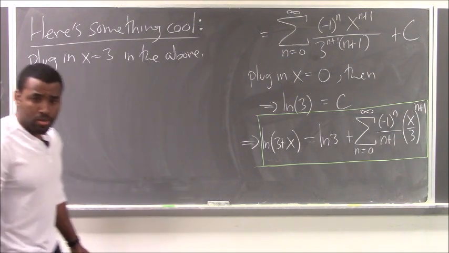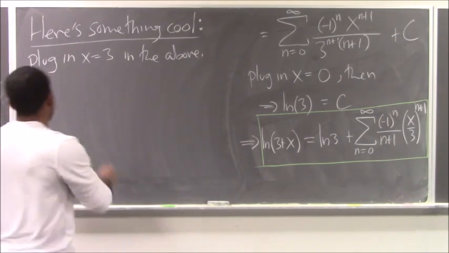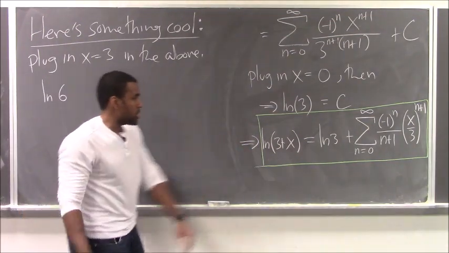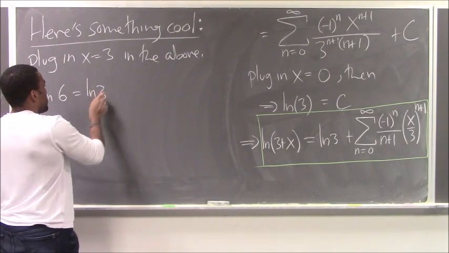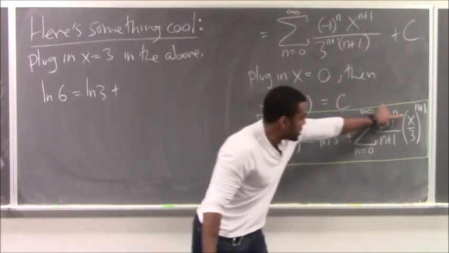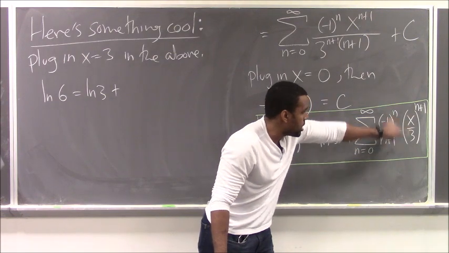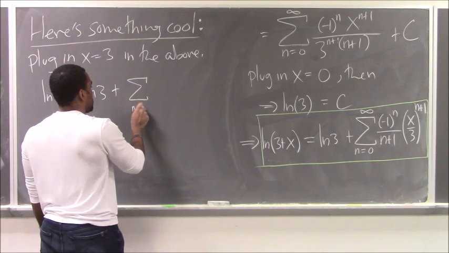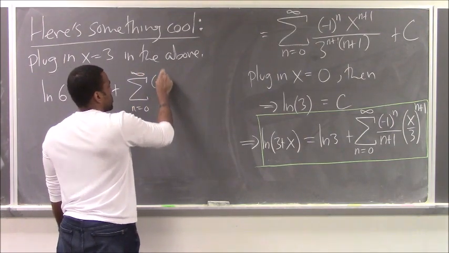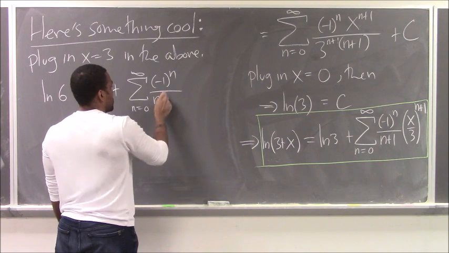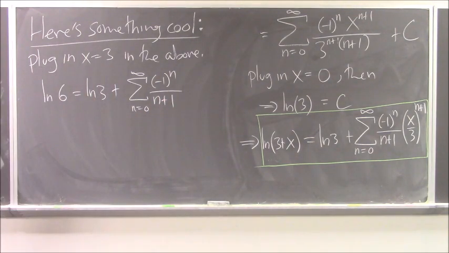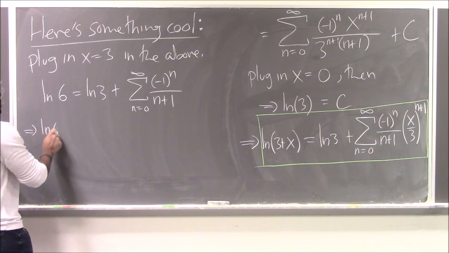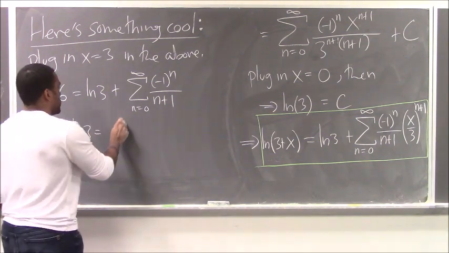I would have ln of 6, because I'm plugging in x equals 3, equals ln of 3 plus, now if I plug in x equals 3 here, that just gives me 1 to the n plus 1, which is just 1. I would have that, which, notice I can have here ln of 6 minus ln of 3 is equal to this guy.